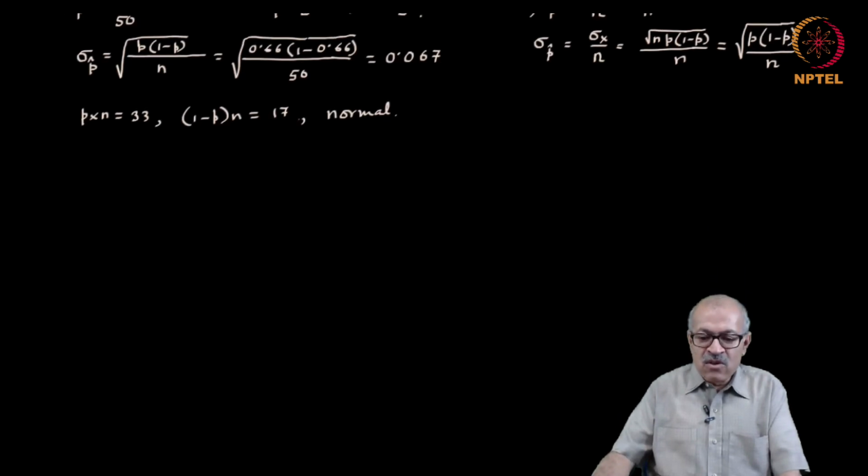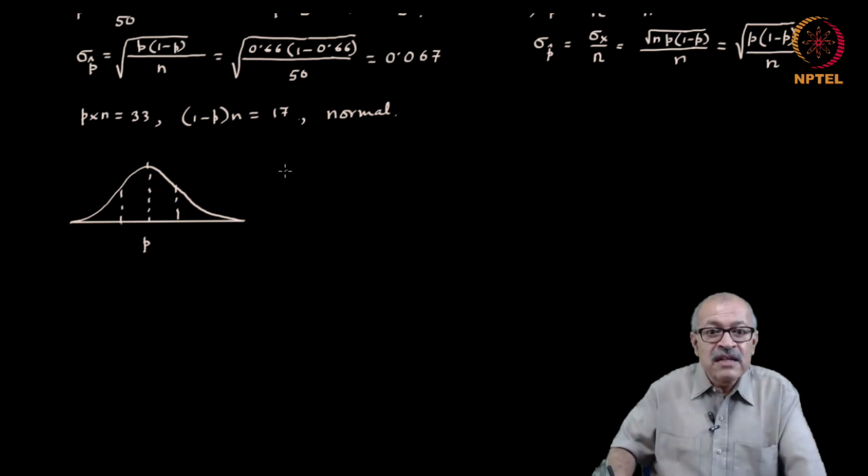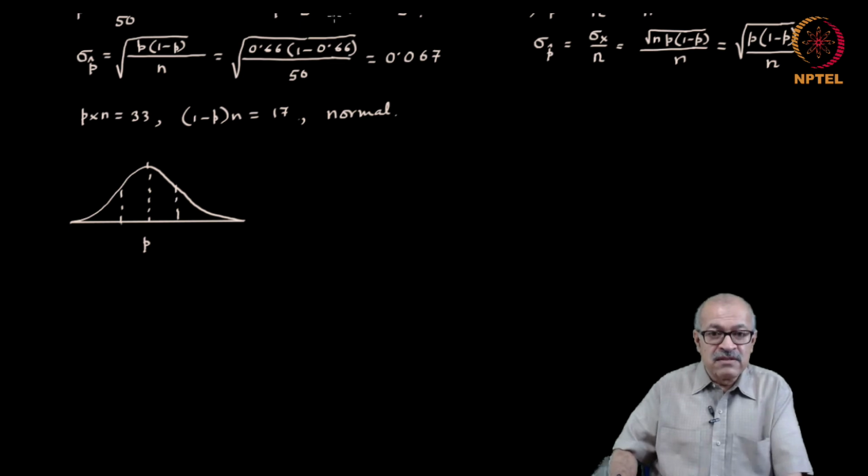So, if the distribution is normal, then we can picture the distribution something like this. And we know the mean will be at P and the standard deviation we have just calculated. Okay. The question was the probability of this.